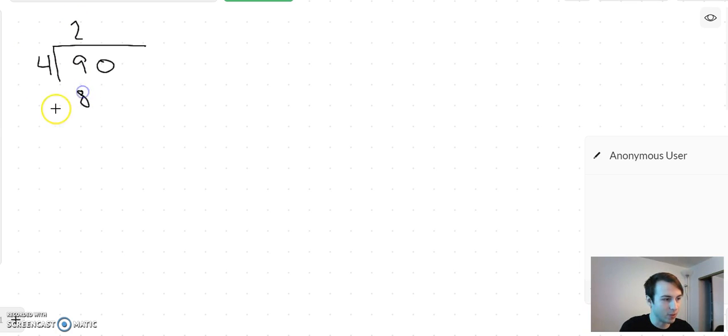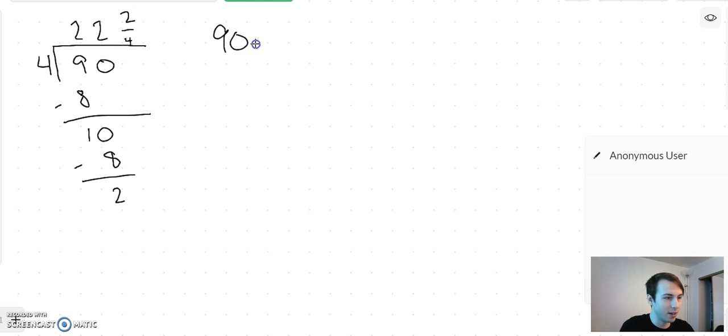So then you subtract, and bring down the 0 to get 10. How many times does 4 go into 10? Again, 2. 2 times 4 is 8. Subtract, and the remainder is 2. So you write 2 over 4. So 90 divided by 4 is 22 and a half, simplifying 2/4 to 1/2.